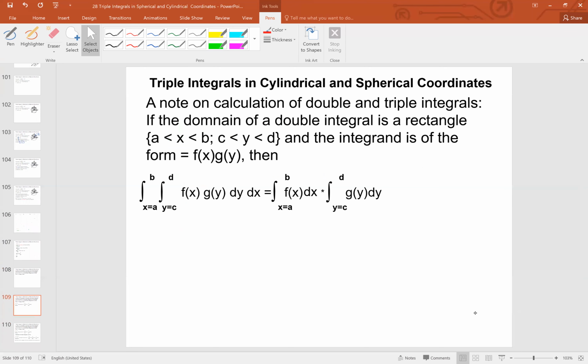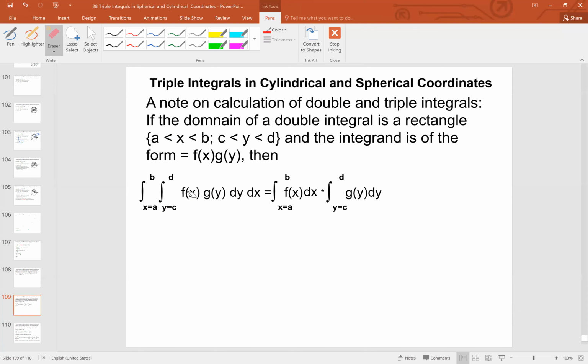If the integrand turns out to be two functions multiplied, a function of x times a function of y, then x and y here mean nothing except dummy variables.